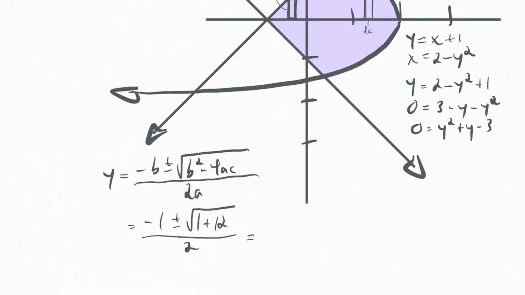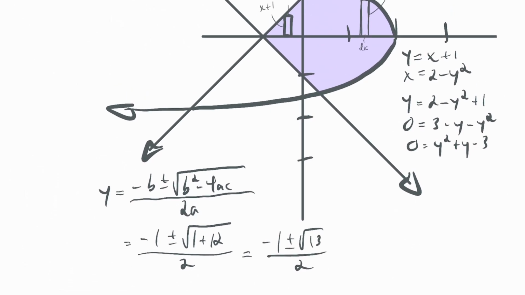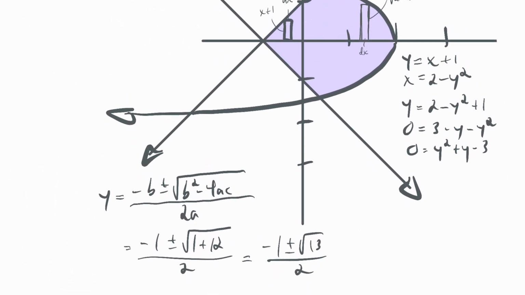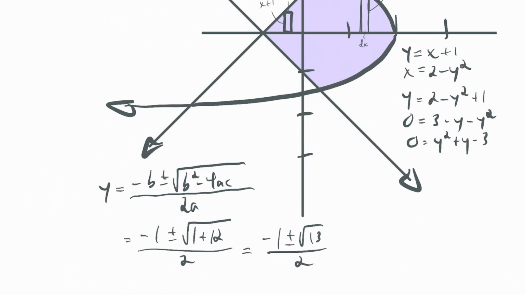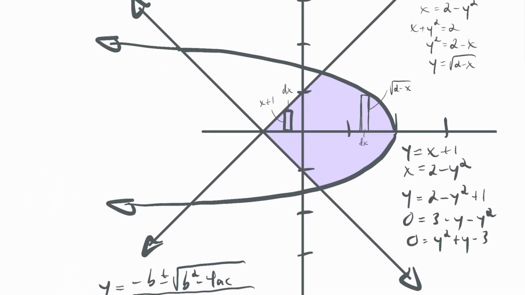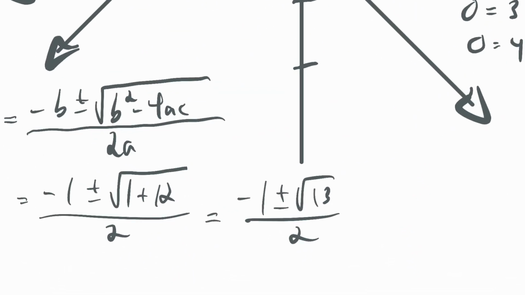So this is going to be -1 plus or minus the square root of 13 over 2. Now, of course, I'm solving for y. I got a y coordinate, but I want an x coordinate, right? Well, since I'm in quadrant 1, I know I'm taking positive values only. So I'm going to get rid of the minuses, because I don't need those. So -1 plus root 13 over 2, or in other words, root 13 minus 1 over 2.